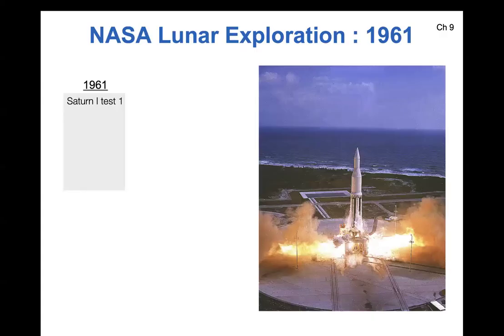Quick run through of manned lunar exploration. We're just focusing on NASA here. Of course, NASA remains the only space agency to send a person to the moon, but other space agencies have been involved with lunar exploration.